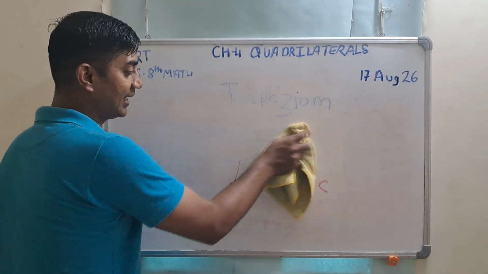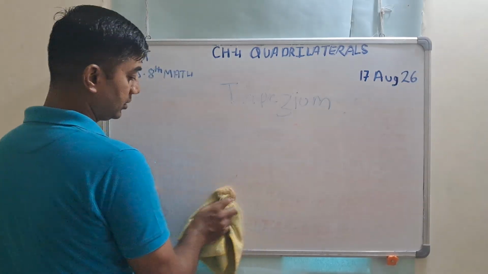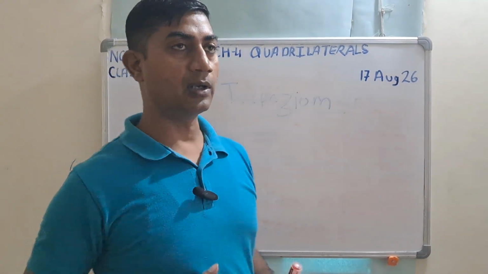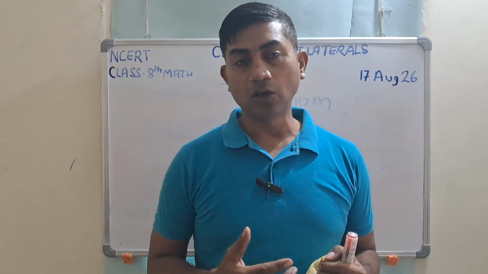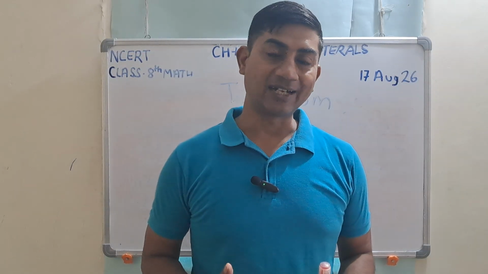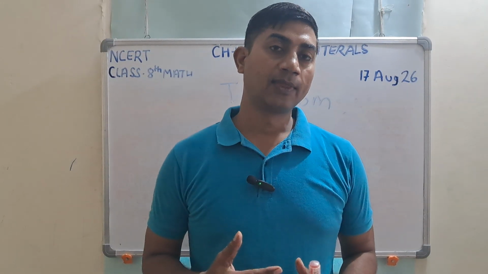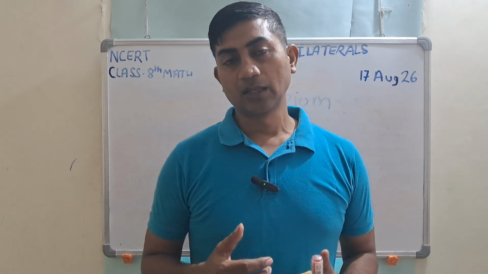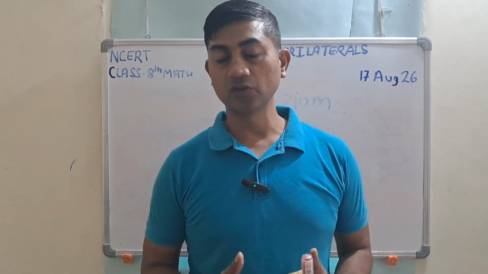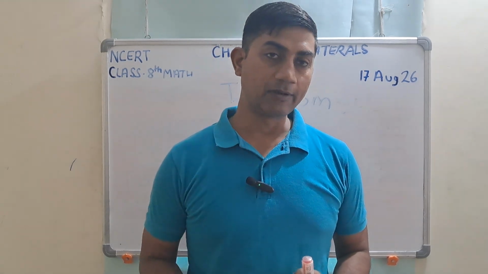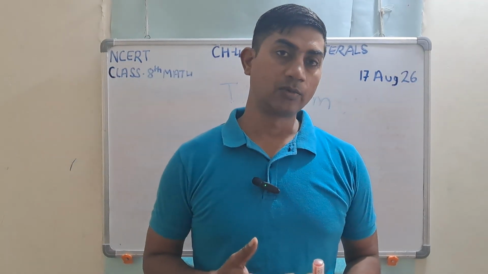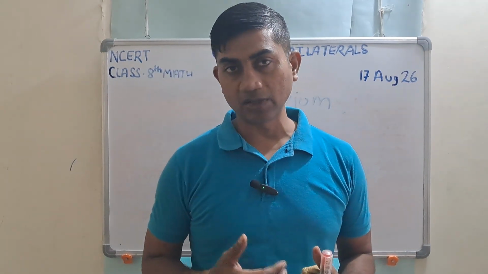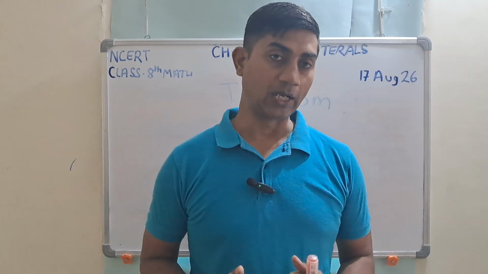As we have seen in the example of the rectangle and the square, we are saying that all squares are rectangles because all the properties of the rectangle are fulfilled by the square, and in the same way all squares are rhombuses because all the properties of the rhombus are shown by the square.